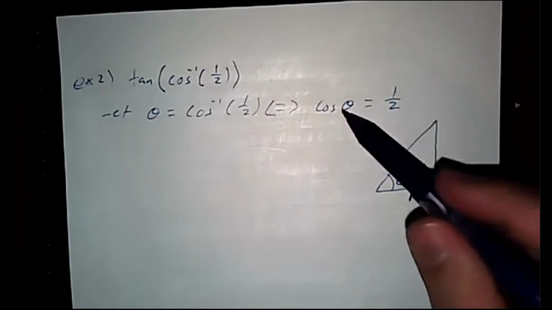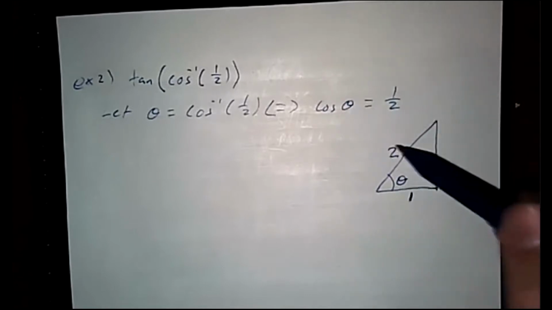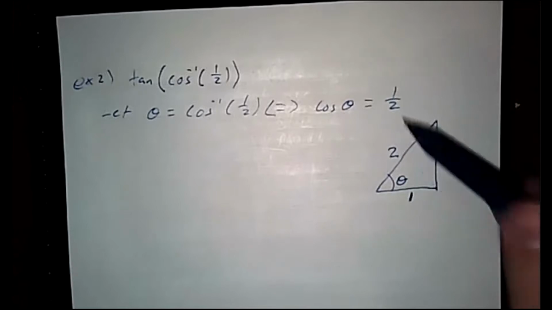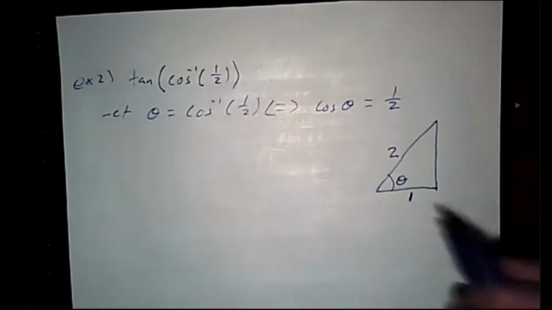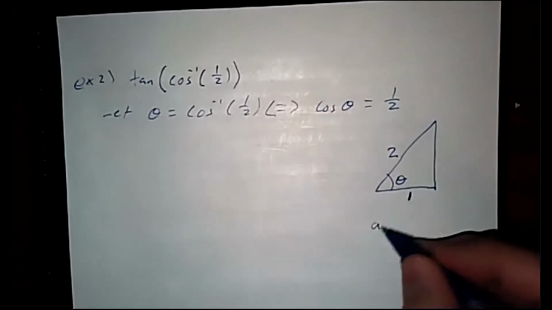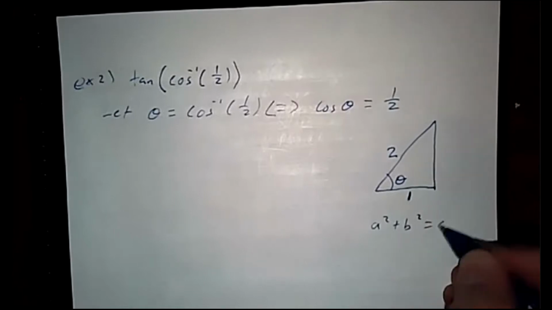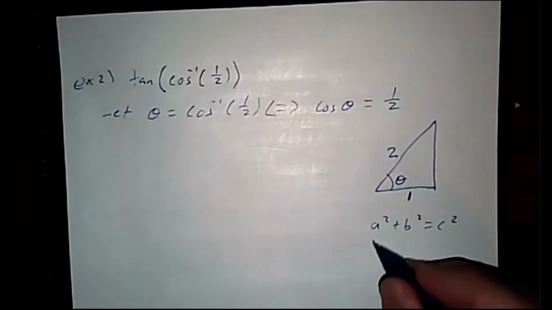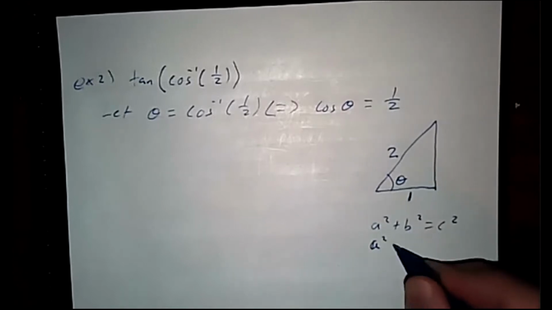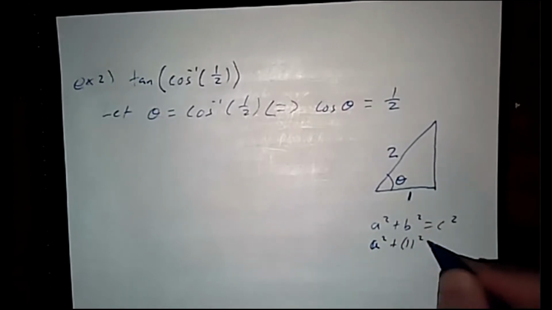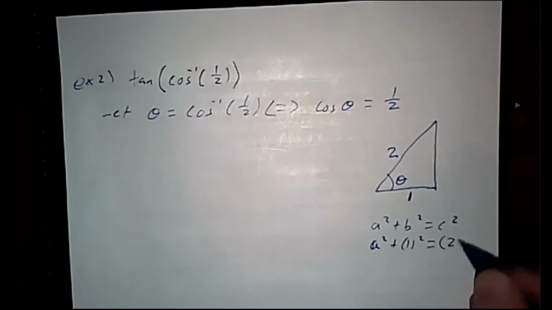All right, so cosine theta equal to 1/2 means adjacent over hypotenuse, correct? Solve with the Pythagorean theorem. So a squared plus b squared equals c squared. That means that a squared plus 1 squared equals 2 squared.